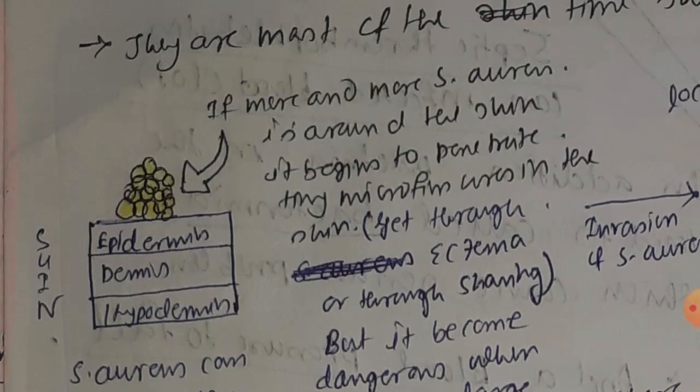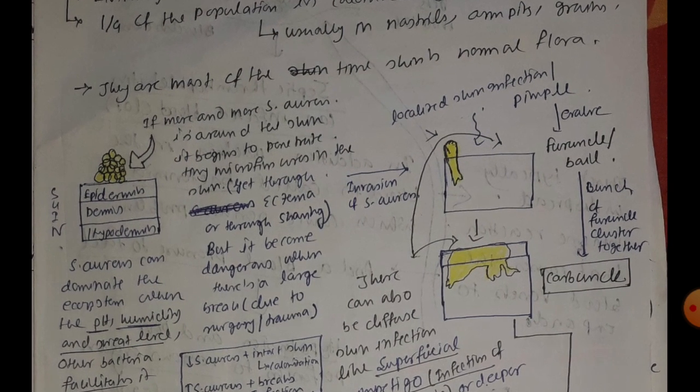That means Staphylococcus aureus is normal flora of the skin. Okay, but under certain conditions, promoted by pH, humidity, sweat level and the presence of some specific bacteria, Staphylococcus aureus colonizes the skin ecosystem.